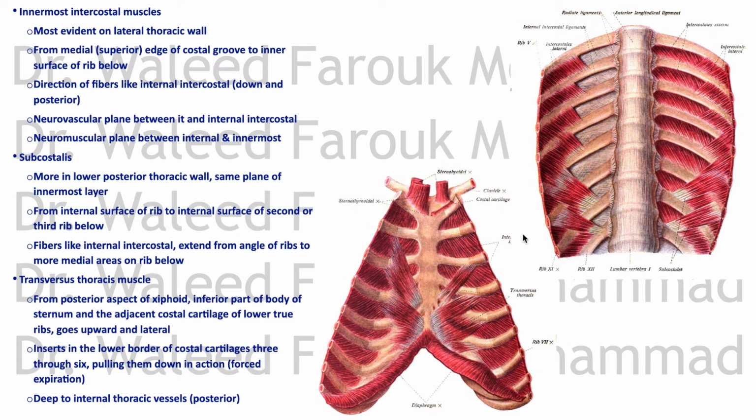The subcostalis muscle is also prominent at the back, posterolaterally, and it's unique in that it's attached to the inner surfaces of ribs and passes one or two ribs to be inserted into the inner surface of the ribs below.